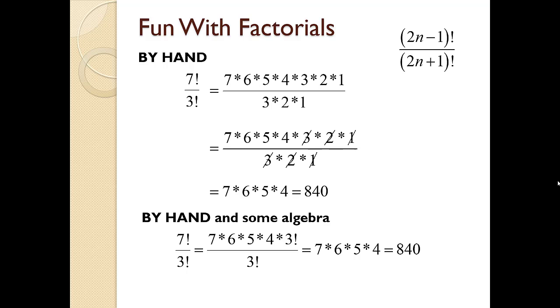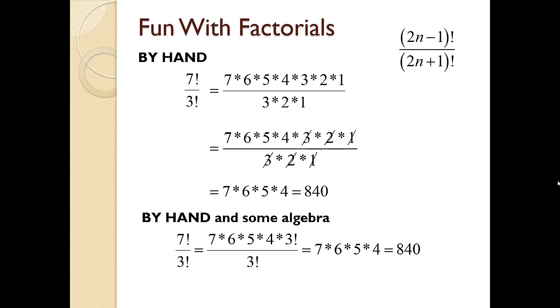Let's do the same thing, but using some algebra instead. Now, 7 factorial has inside it the multiplication of 3 times 2 times 1, but that's 3 factorial. So I won't write down 3 times 2 times 1 when I expand the value of 7 factorial by its definition.